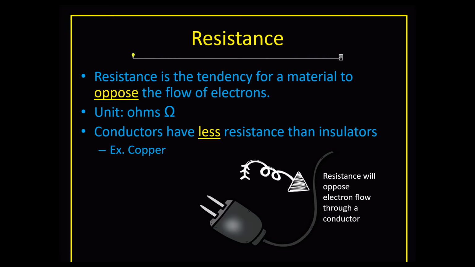Now, the unit for resistance is going to be ohms, and sometimes you will see it with this Greek horseshoe symbol. So I just wanted to show that to you. And you need to know that conductors have less resistance than insulators. So conductors, one of their characteristics or properties is they allow electricity to flow easily through them, creating less resistance.